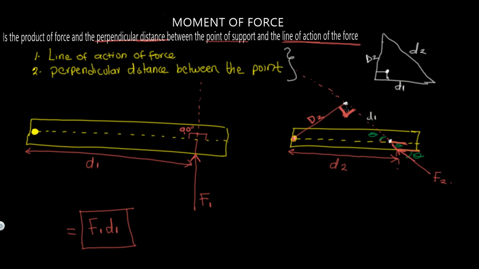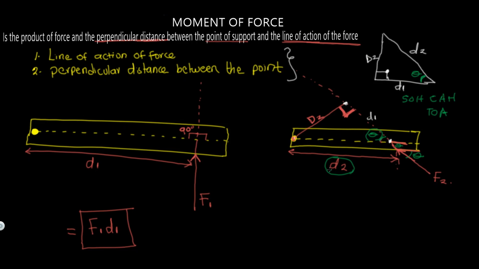Now, how can we calculate this perpendicular distance, this D2 here? So remember, this angle is theta, so this part is theta, and this part here is also theta. Now we can use SOHCAHTOA. So which one do you think we should use? Because when you're given this question, you'll always be given D2 and this angle acted by this force.